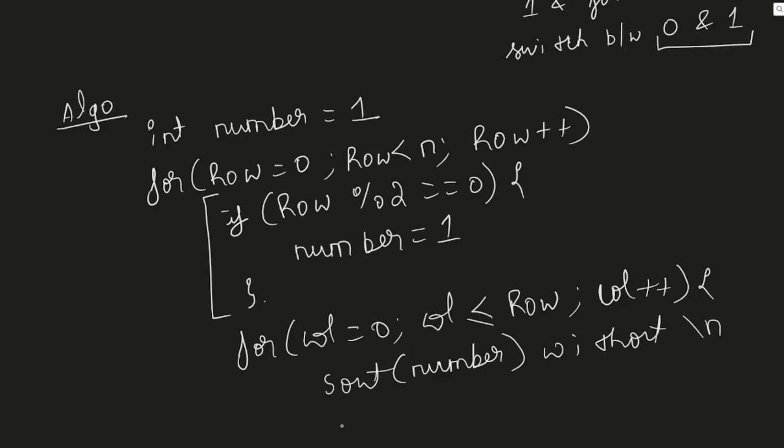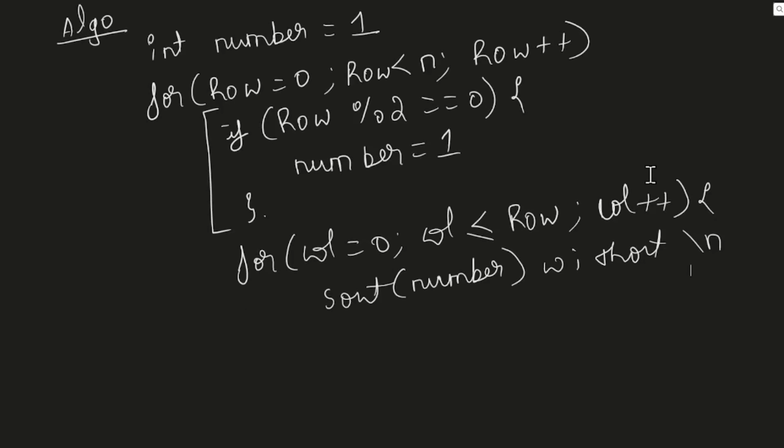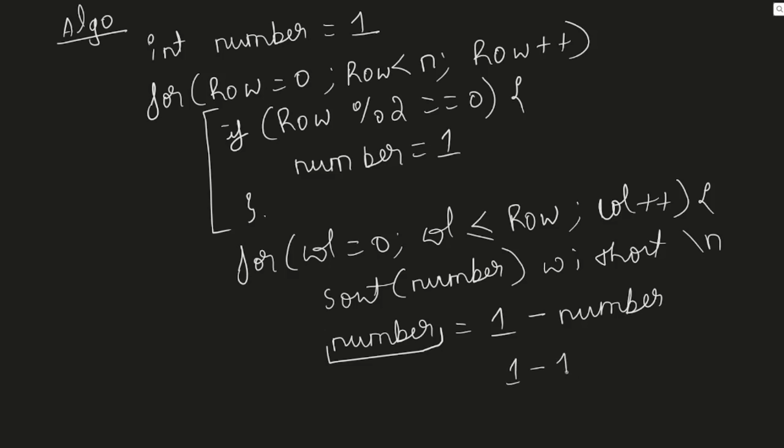How can we do that? It's pretty simple. Just subtract the value of number from 1 and assign it to number itself. If the number is 1, 1 minus 1 equals 0. If the number is 0, 1 minus 0 is 1. So these will be exchanged by themselves.